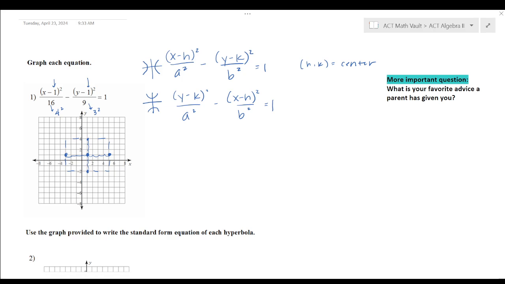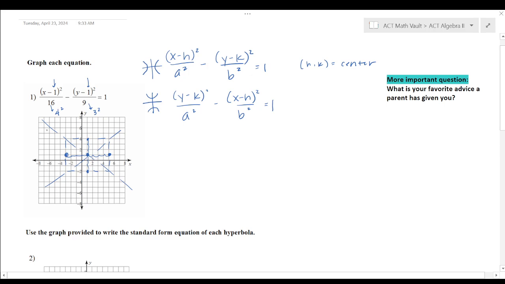So instead of drawing my ellipse, I'm drawing a box with the same dimensions. And these hyperbolas have these asymptotes, lines that the graph hugs but never touches, going through the corners of the box. And then all you have to know is, okay, this one opens up left and right.